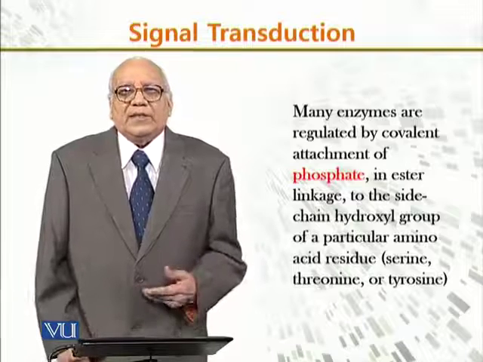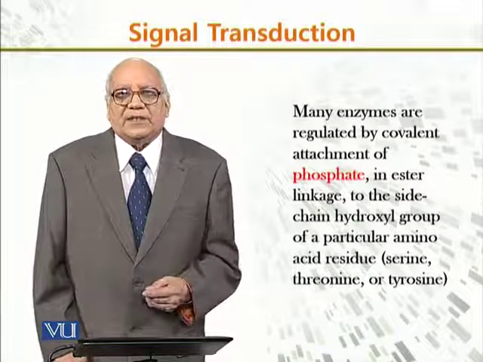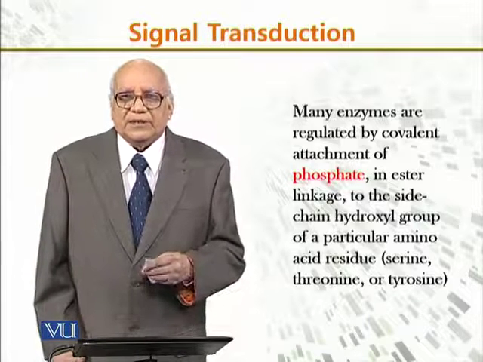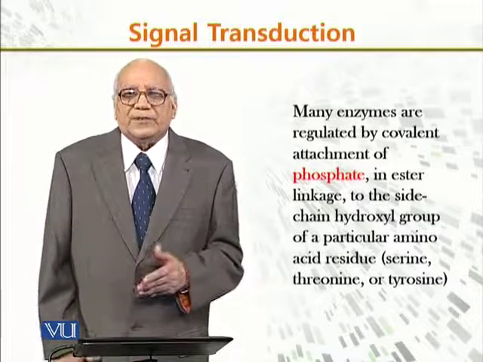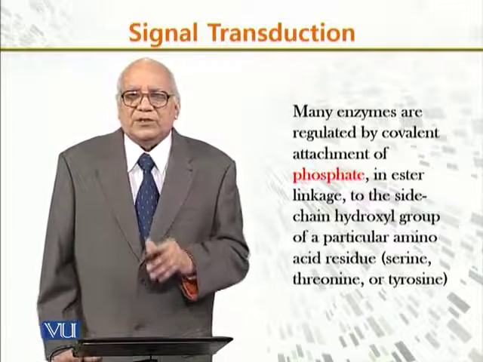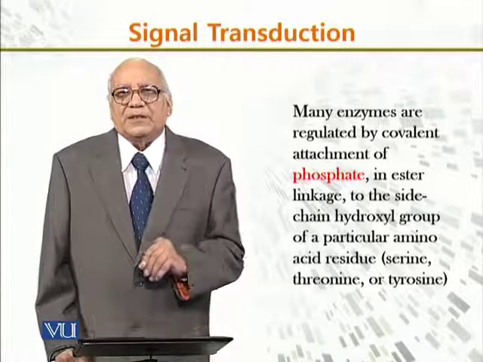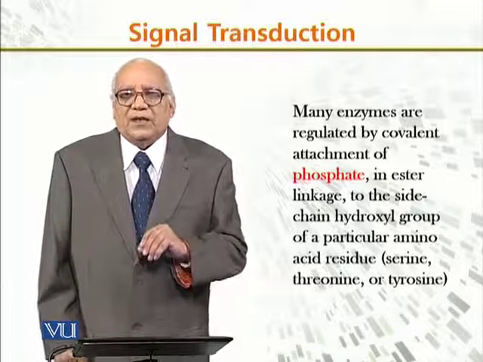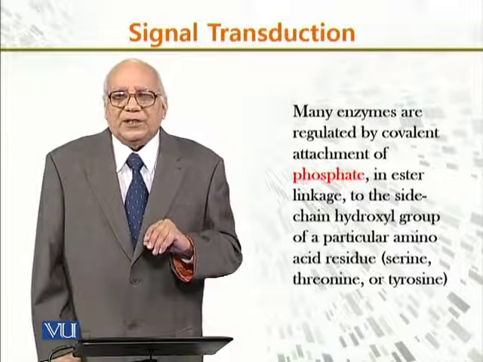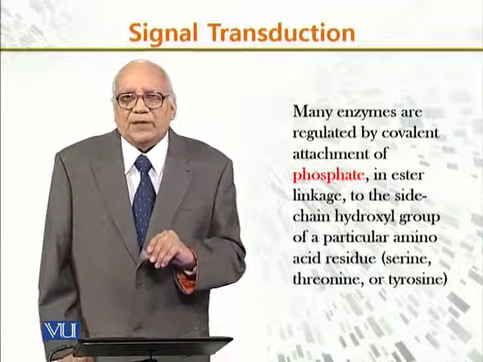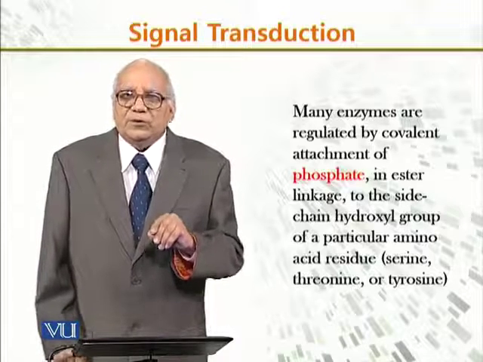The components used for signal transduction are enzymes which are regulated by covalent attachment of phosphate in ester linkage to the side chain hydroxyl group of particular amino acid residues, which are serine, threonine, or tyrosine, because the amino acid is composed of two parts.